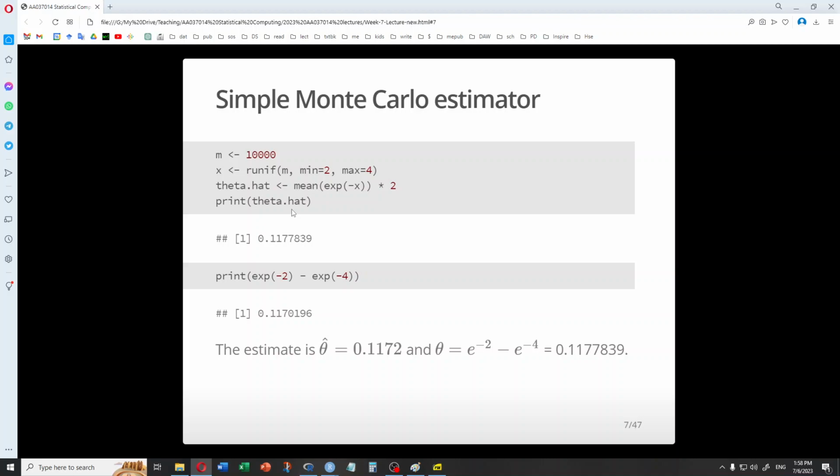The theta hat that we get from the Monte Carlo estimator is 0.1177. And by integrations, we have the exponents of negative 2 minus the exponents of negative 4, which equals 0.1170, and the difference is just 0.0007. It's not so much different.